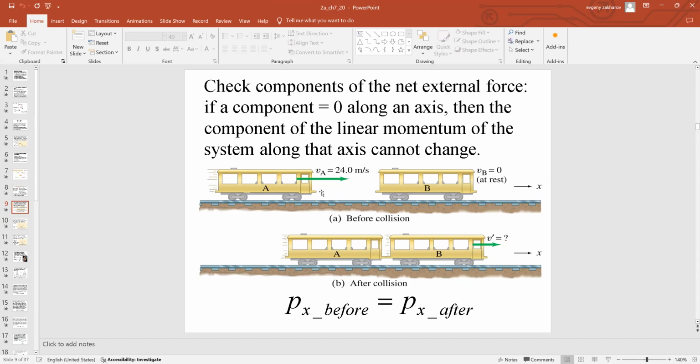So what you would say would be mass of cart A times 24 plus mass of cart B times 0 would be equal to mass A plus mass B times the V prime, which is the unknown quantity, and you can solve for V prime right away.